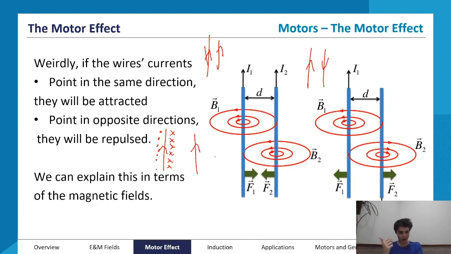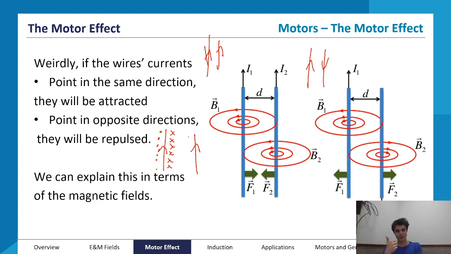And if you do the same thing on this wire over here, you can see the exact same thing is happening. Just remember, because it's a wire, we're looking at the relationship between a current and a magnetic field, so we use the grip rule.